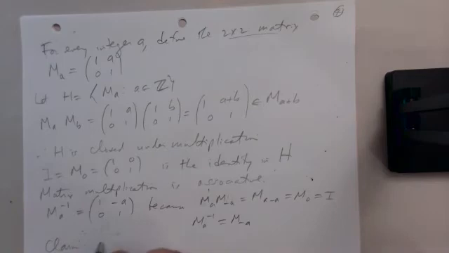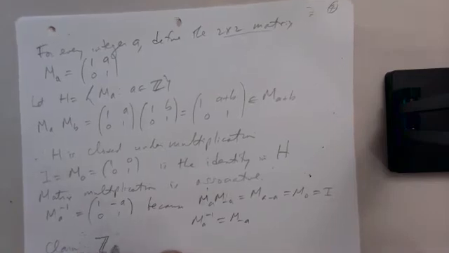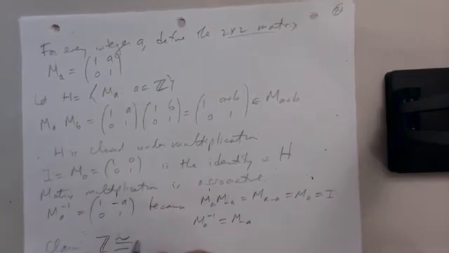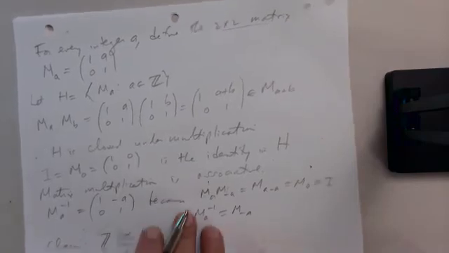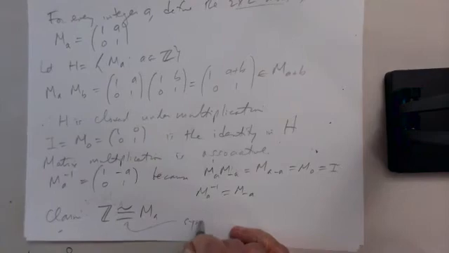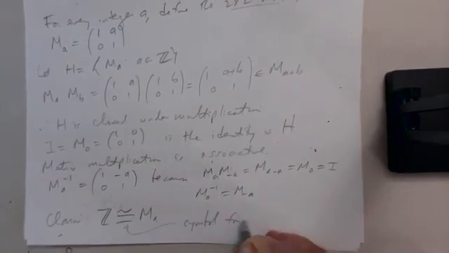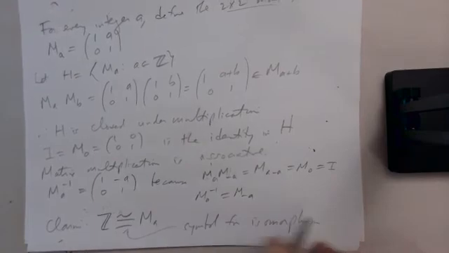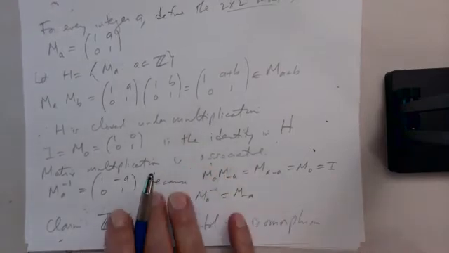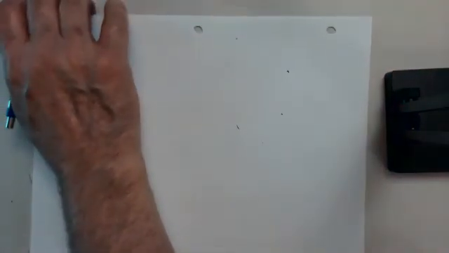that the group of integers under addition is isomorphic to this group. This is the symbol for isomorphism. So in order to prove this claim, I have to construct the actual function.